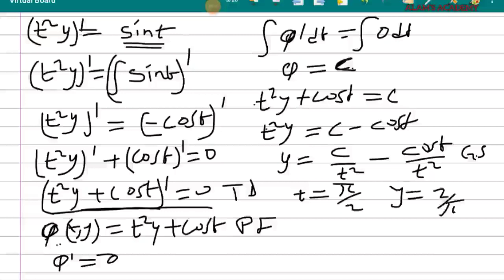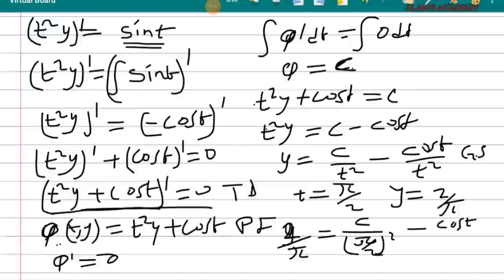Okay, so let's do that. y is 2 over pi, and this is equal to c over t squared, and t is pi over 2 all squared, minus cos of t over pi over 2 all squared.